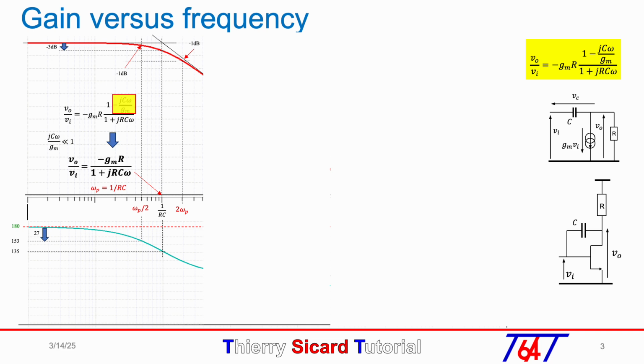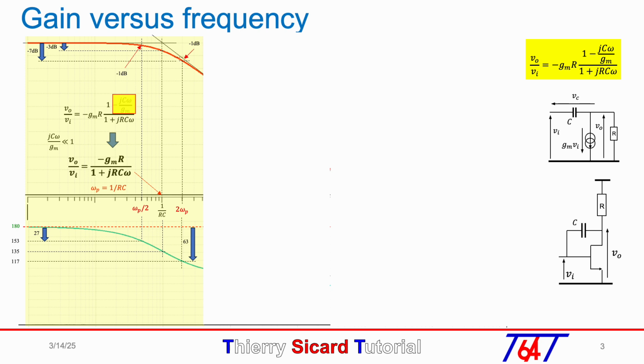When the angular frequency omega p equal 1 over RC is multiplied by 2, the gain is minus 1 dB relative to the asymptote of minus 20 dB per decade, or a gain of minus 7 dB relative to the DC gain, and the phase is 117 degrees or 180 minus 63 degrees. The yellow color highlights this first part described by the gain equation minus GMR over 1 plus JRC omega.